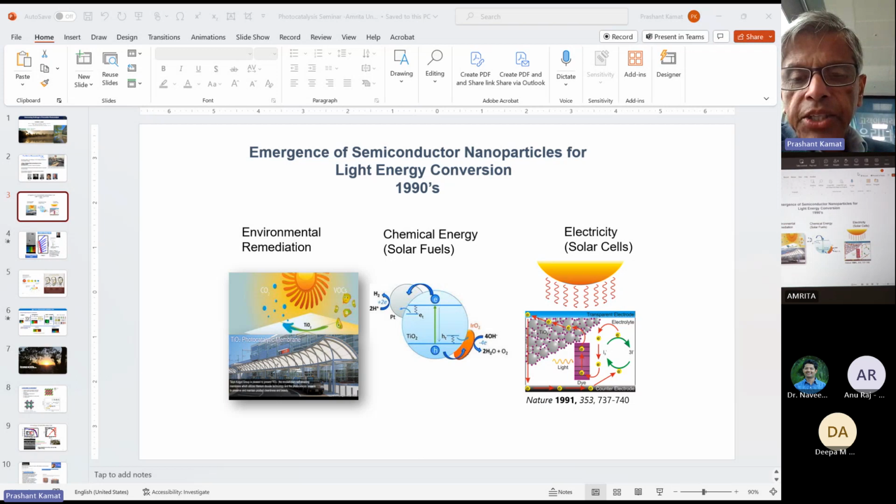Iodide is much easier to oxidize than bromide, and bromide is easier than chloride. If you do cyclic voltammetry, you will know it. As a result, the valence band is the one that shifts, whereas the conduction band is considered isoenergetic. There is a small difference, but not much.